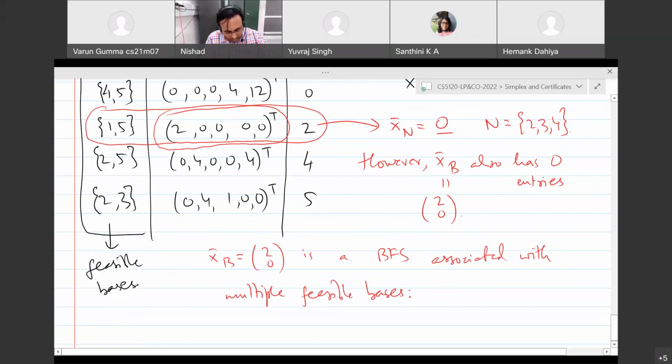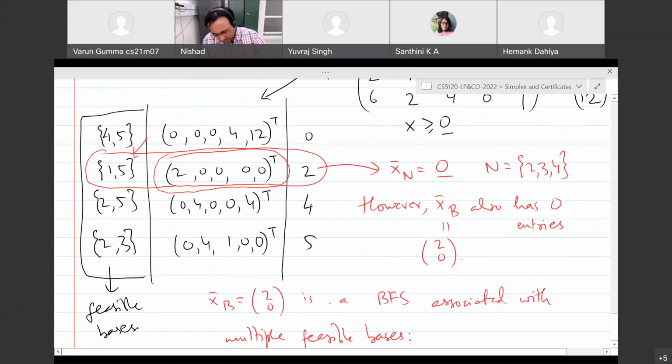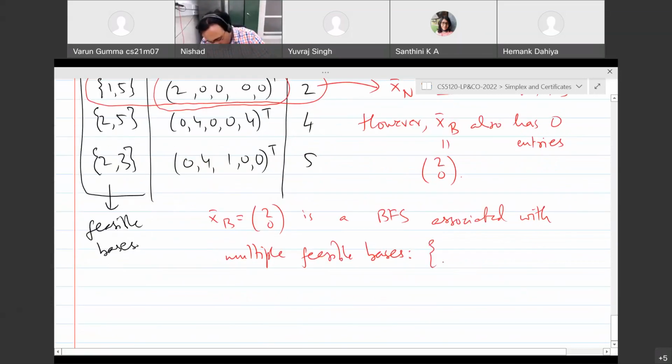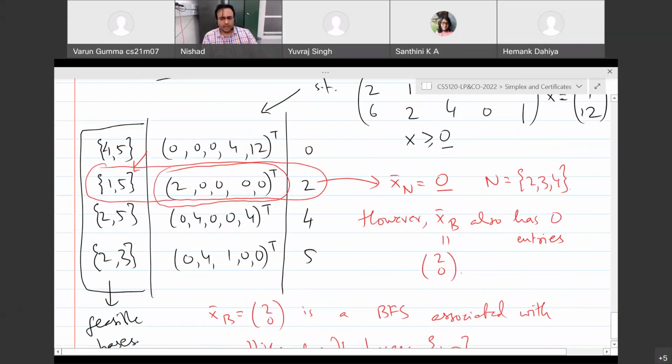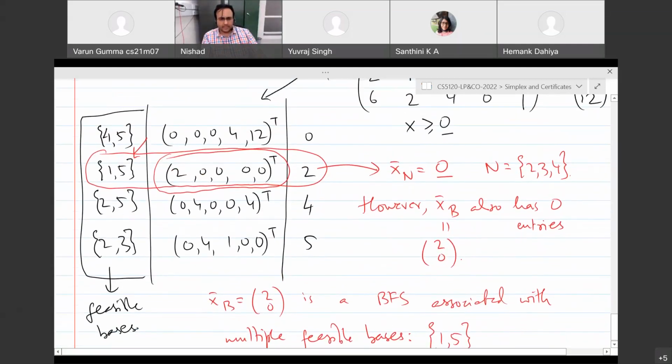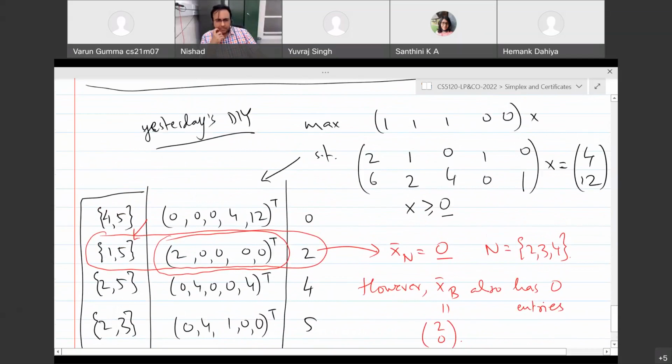For example, it is associated with 1, 5. Can anybody give me another possibility? What would be another feasible basis which would give you the same solution? Uh, 1, 4. 1, 4? Yes, indeed, right?